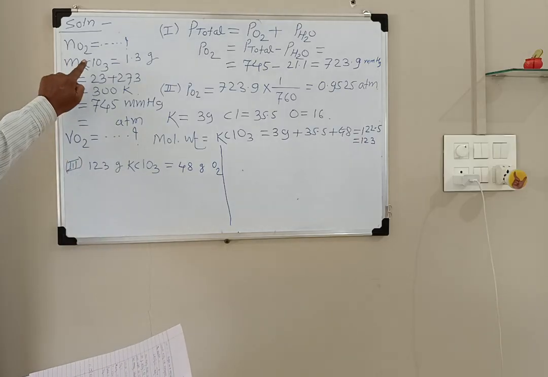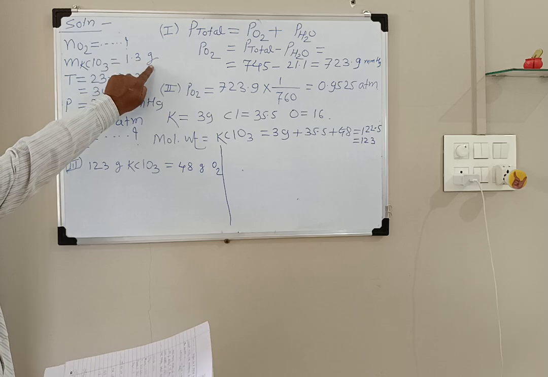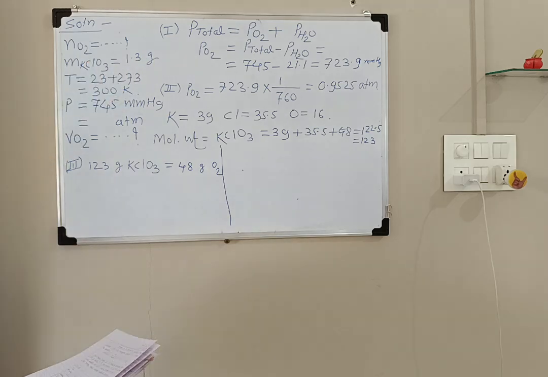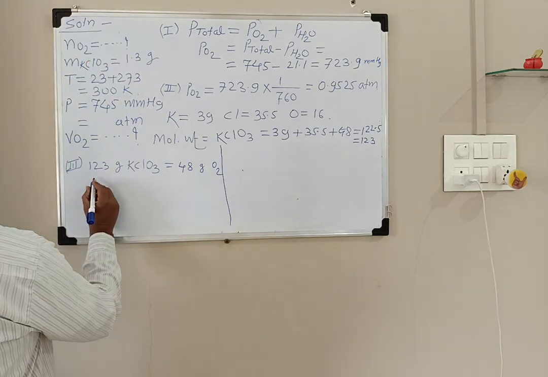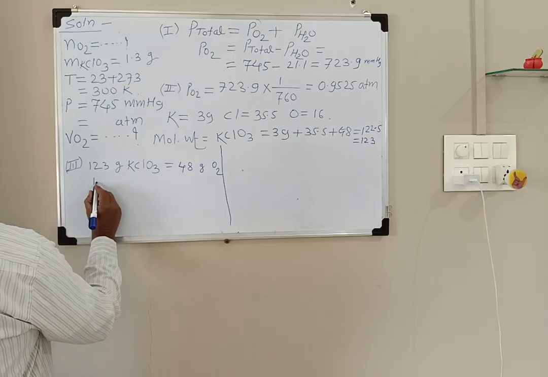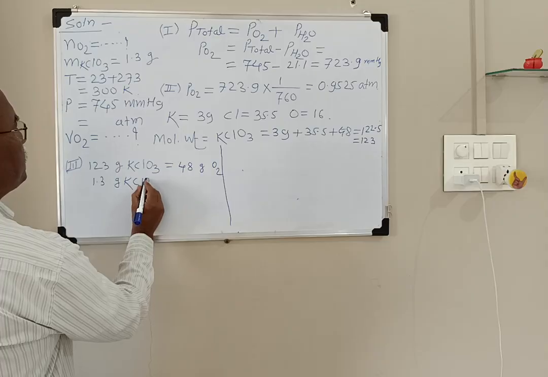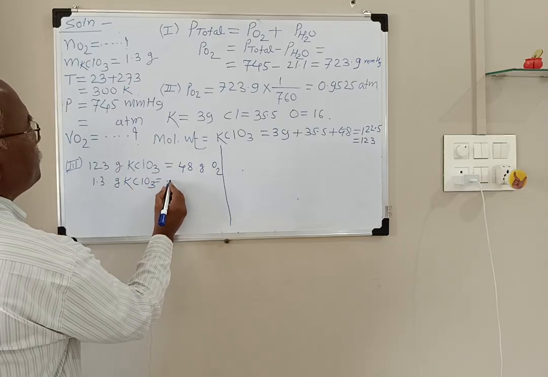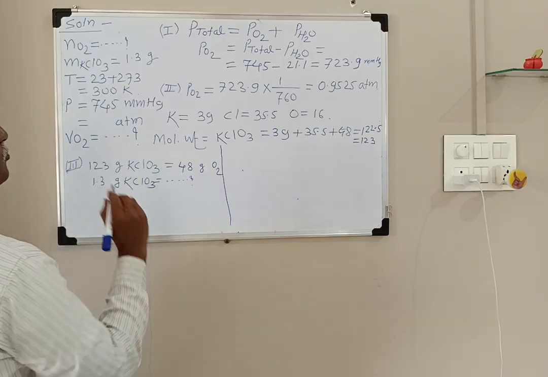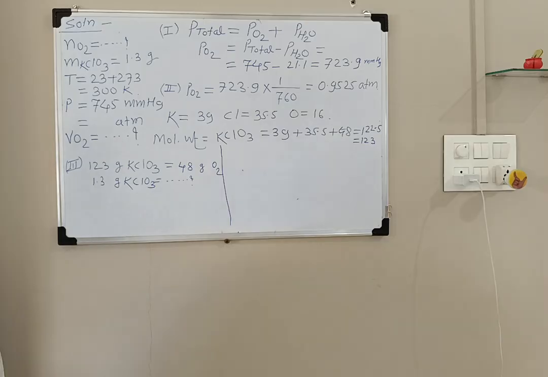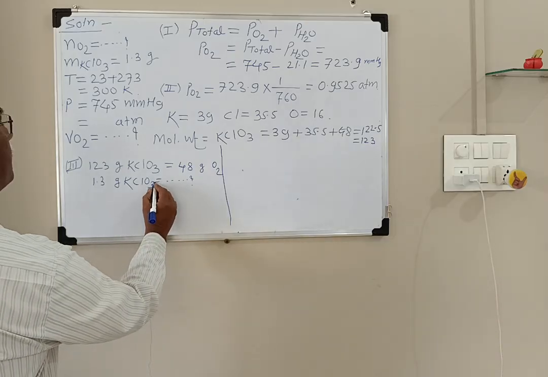Therefore, 1.3 gram of KClO3 contains how many grams of O2? It is very simple. Solve it.